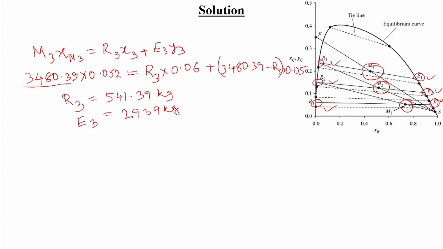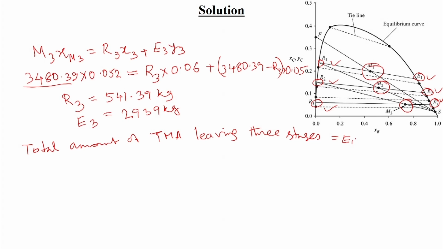Now we will find how much trimethylamine is leaving from the different stages. The total amount of trimethylamine leaving the 3 stages will be equal to E1 Y1 plus E2 Y2 plus E3 Y3.